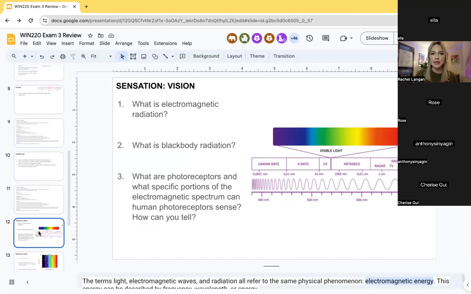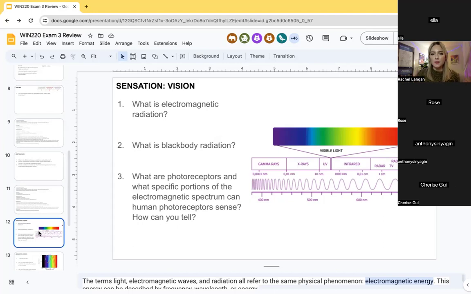Electromagnetic radiation is all of the wavelengths of light. You need to appreciate that there are many wavelengths of electromagnetic radiation beyond what is just visible to humans.